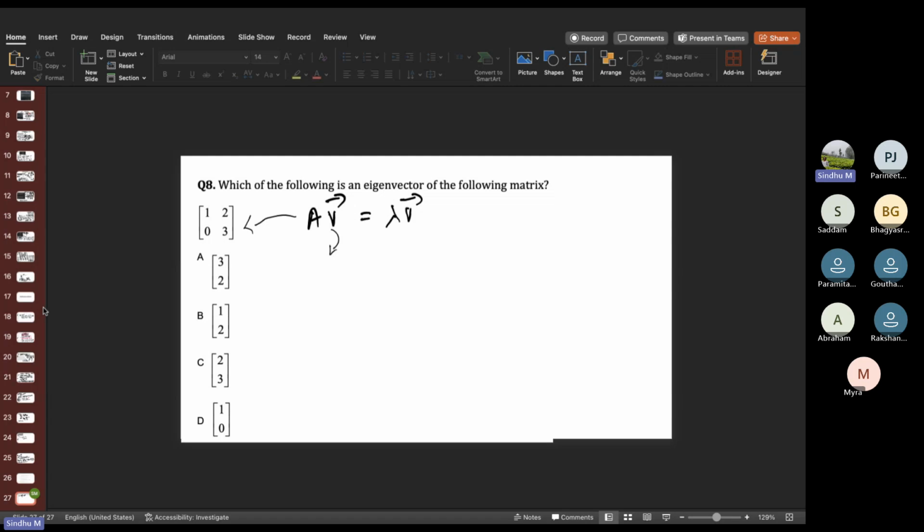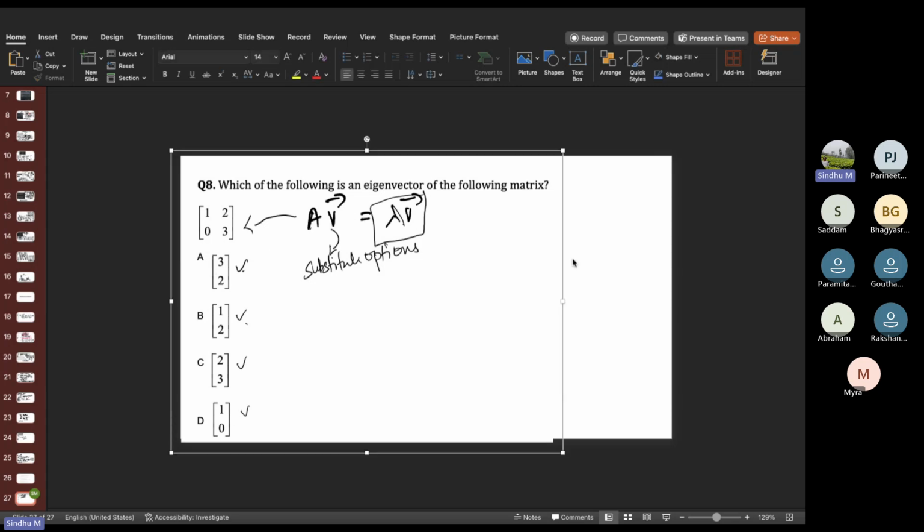So basically, you have to multiply A and V for all the options and see whether for any of the options you are getting lambda times, or scalar times, V bar. You can take 3 to 4 minutes because you have to do vector multiplication for 4 possibilities. Then we can discuss the solution.